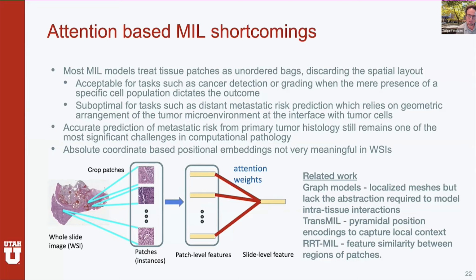The question of metastasis needs clues like, is that cancer close to vasculature in this slide? So the geometry of tissue architecture becomes important. And that remains a pretty hard challenge to this day. And unfortunately, absolute coordinate-based positional embeddings are not very meaningful in whole slide images either, because the high-level slide architecture is very variable compared to the objects we see in computer vision.